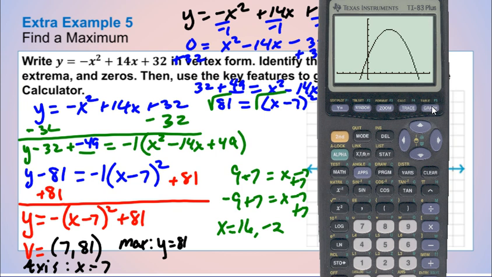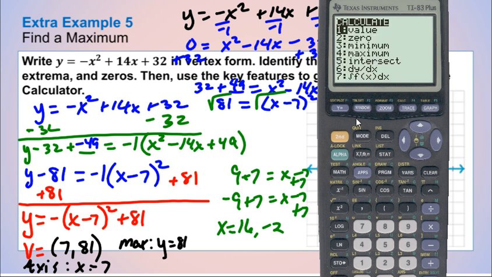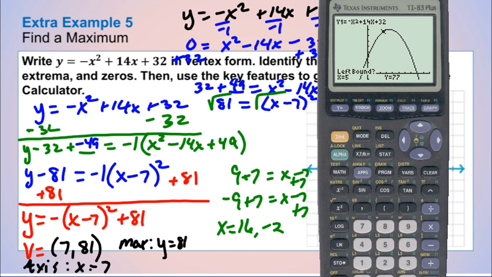Second one should be the same, so that's why you don't see a second one on there. Now if I hit second, trace, number 4, the maximum, hit enter, go to the right side, hit enter, enter a third time, and you should see here's your 7 and here's your 81, which is what I had as my maximum, where my vertex has 7 and 81.